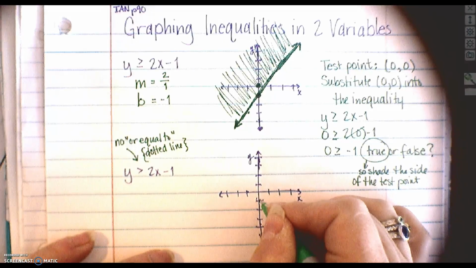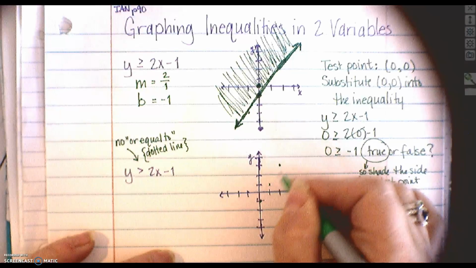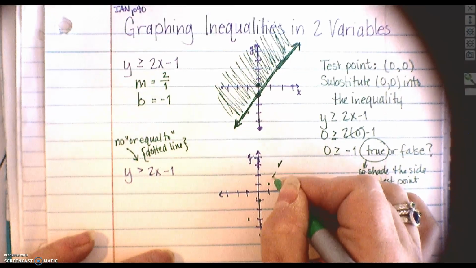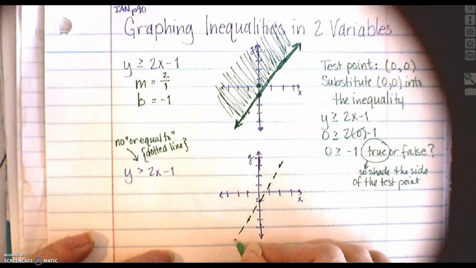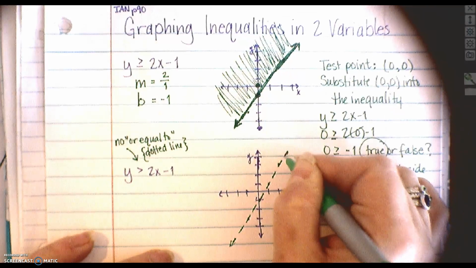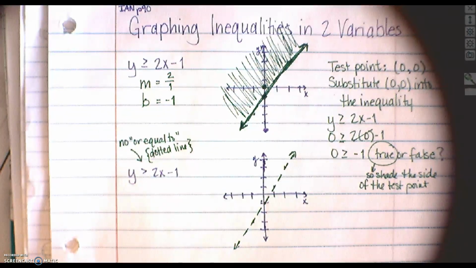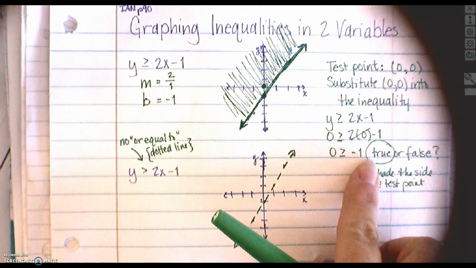We're going to make the same little line here, but this time we are not making a solid line. We're making a dashed line. We don't need to use our test point because we already tested it up here.